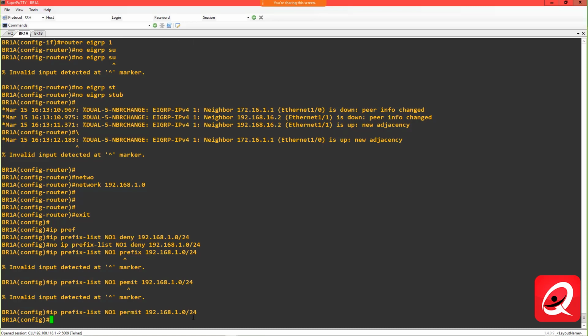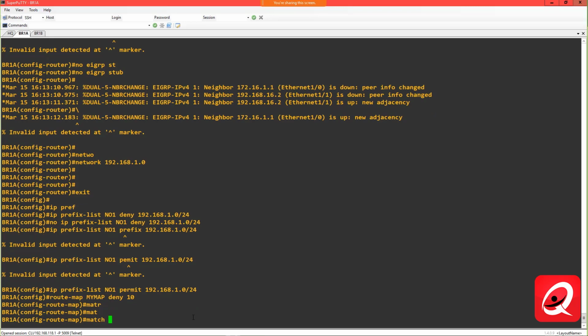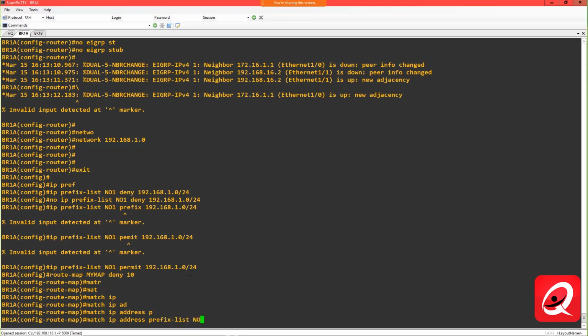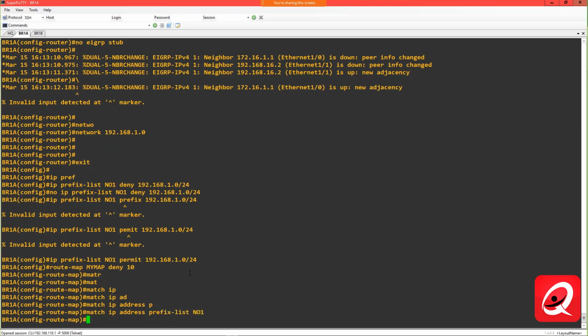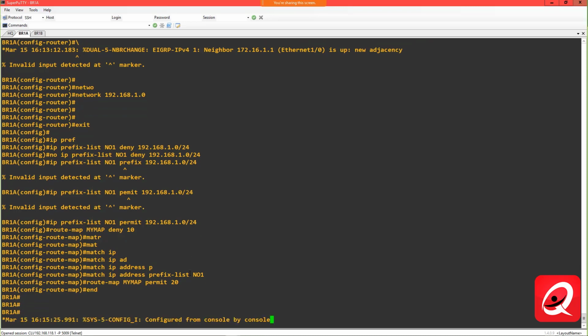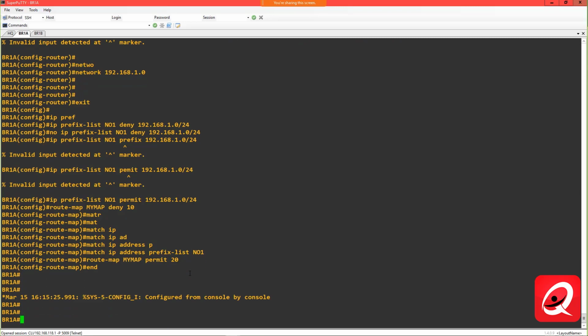And then when we create a route map, my map, deny 10, match IP address. In this case, we did a prefix list, no1. And then we're going to do a route map, my map, permit 20. That'll be our explicit permit for the remainder of the routes. So what I should see, show run | section.